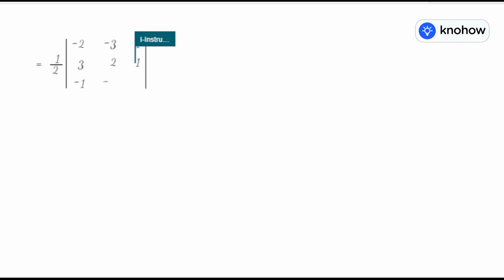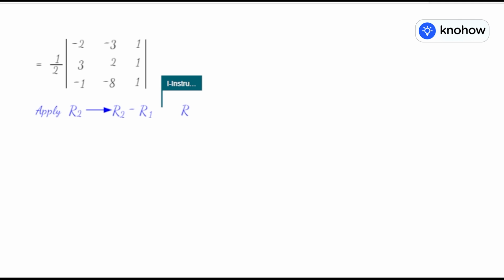In this case also, if you want to simplify, apply R2 minus R1, R3 minus R1. But if you find it more complicated, you can directly evaluate it with respect to any one row or column. It is not a compulsion that you first simplify and then do it. So replacing R2 by R2 minus R1 and R3 by R3 minus R1, what do you get?